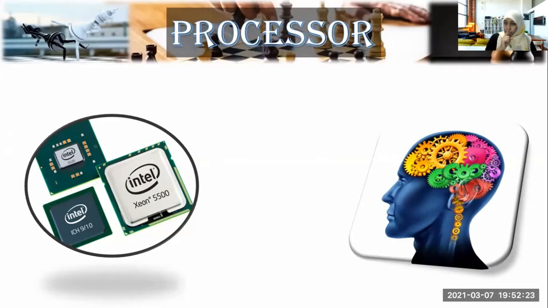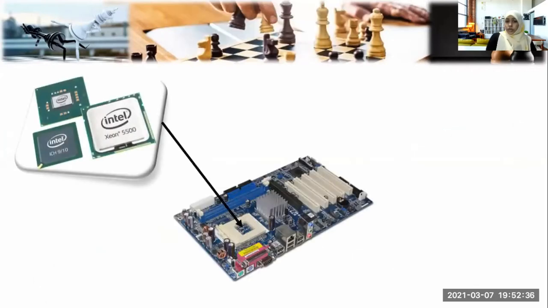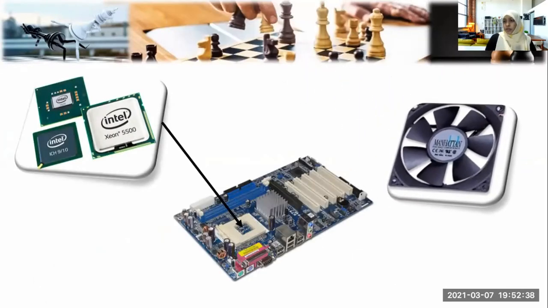So it is also called the processor, the CPU, central processing unit, or the brain of the computer. It is called by many names. So if someone asks you where this processor is located, it is located on the motherboard, and on that a fan is placed.